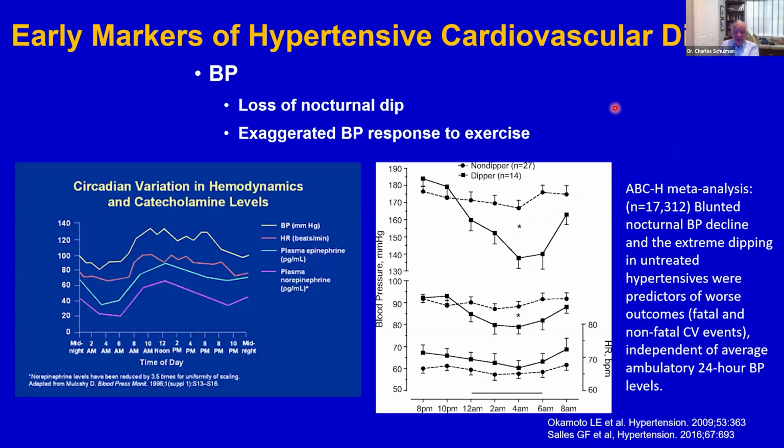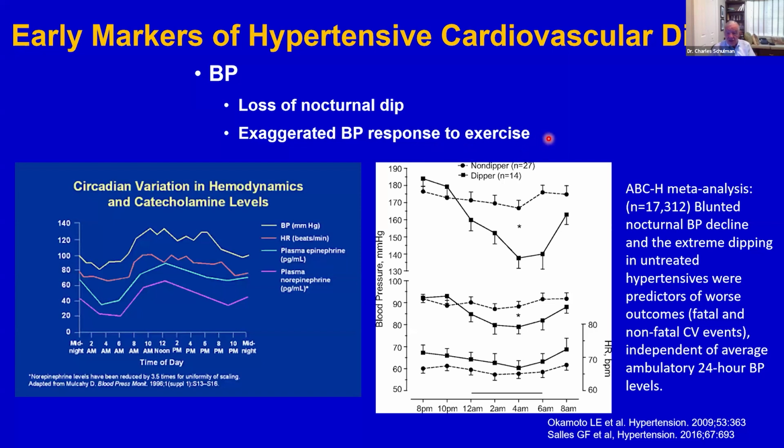Now, there are some what I call early markers of hypertensive cardiovascular disease, previously called end organ damage. So for blood pressure, there is the exaggerated blood pressure response to exercise.